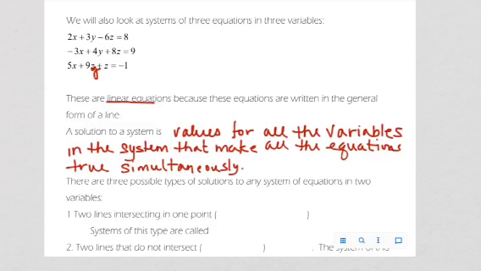So the values of x and y will work in both equations, and if you have x, y, and z, the values you get for x, y, and z will work in all three equations.